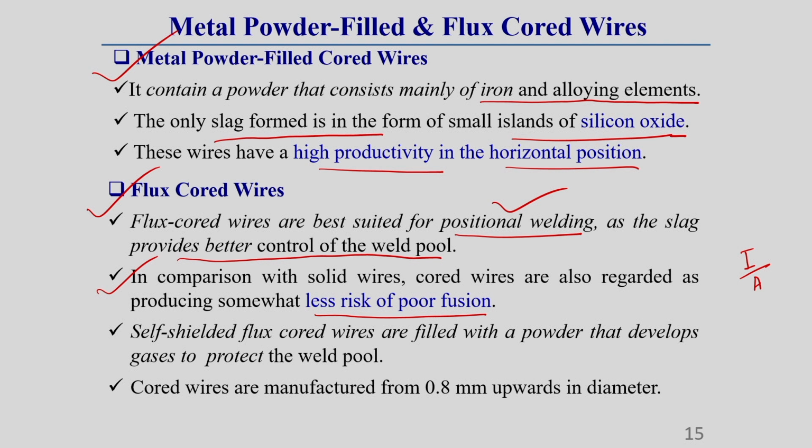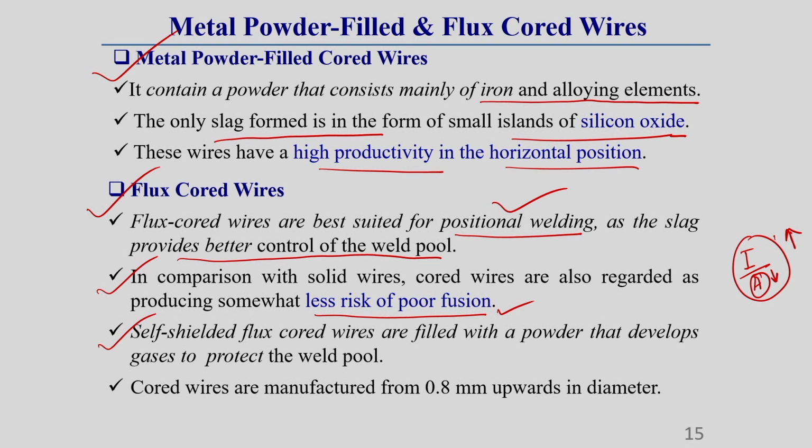But in the metal core wire, the metal also carries the current, so the cross-sectional area of that wire for carrying the current will be more, but here it is less. That is why you have less risk of poor fusion. Fusion is more, so you can get better fusion here. You should keep this in mind.